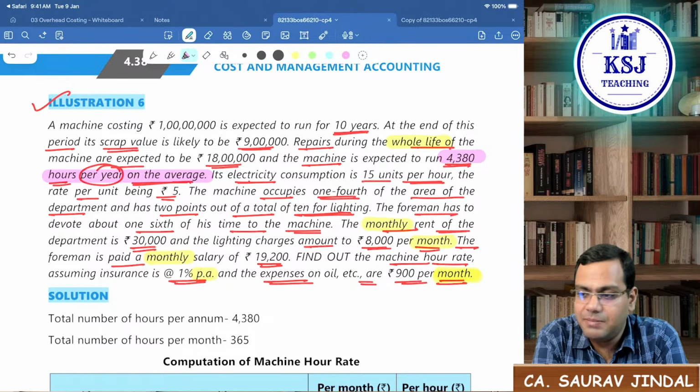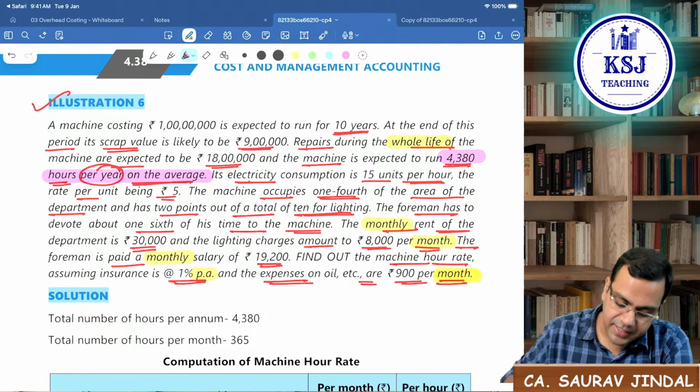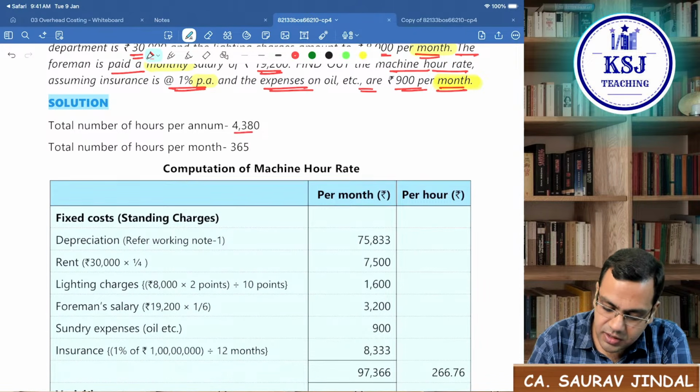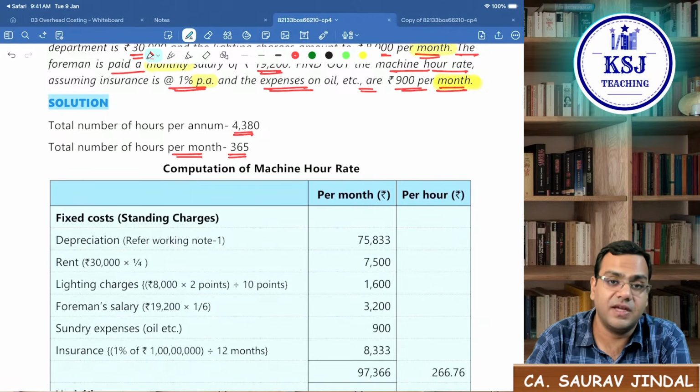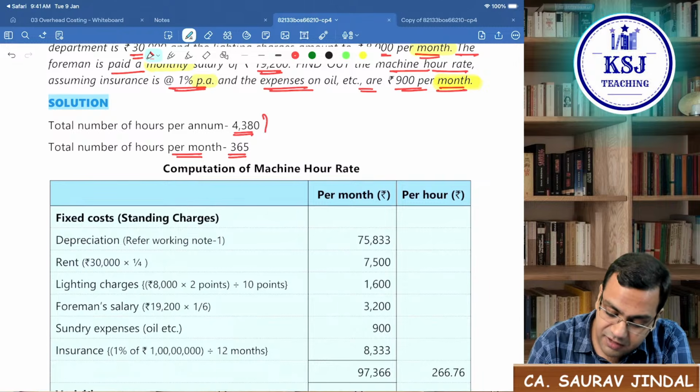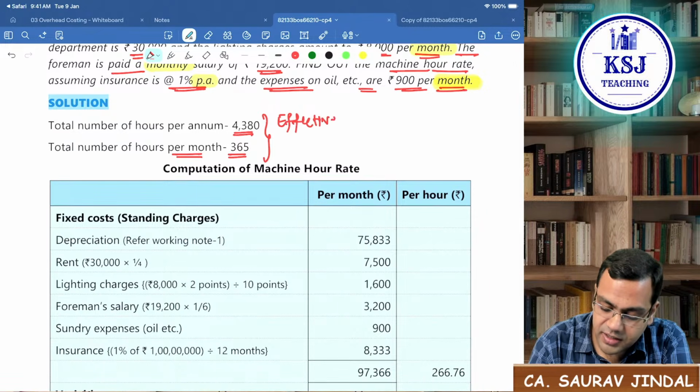No. That means whatever hours are given to us, these hours are the effective hours. So total number of hours per annum is 4380, and they have then calculated per month, that is 365. That means they are solving it monthly. These are your effective hours only.